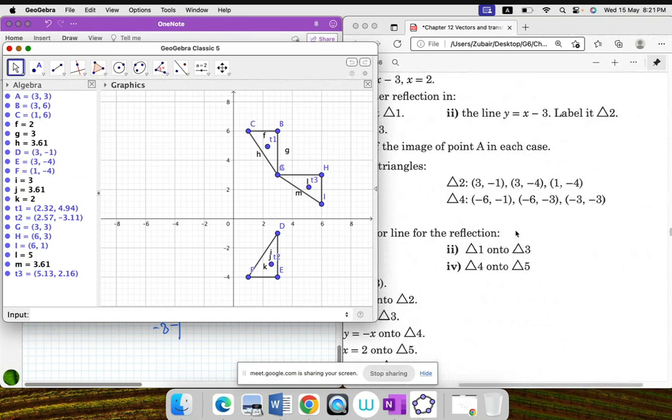Okay, the fourth triangle is minus 6 comma minus 1, then minus 6 comma minus 3, minus 3 comma minus 3.